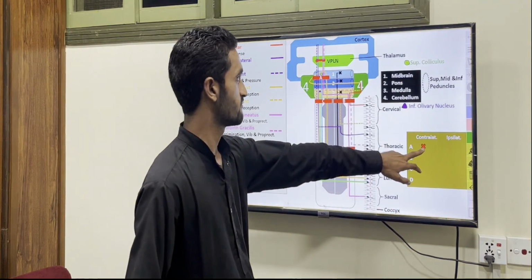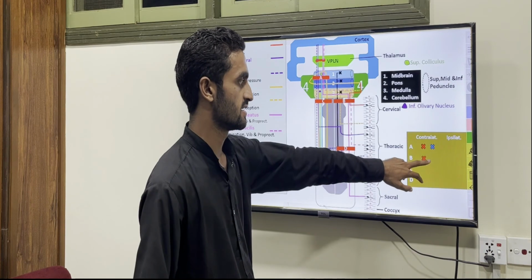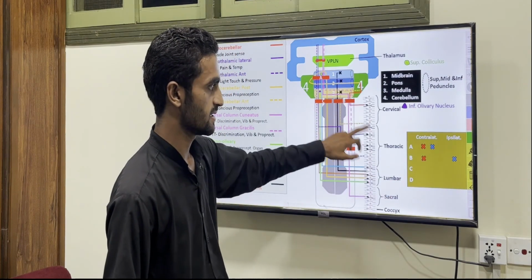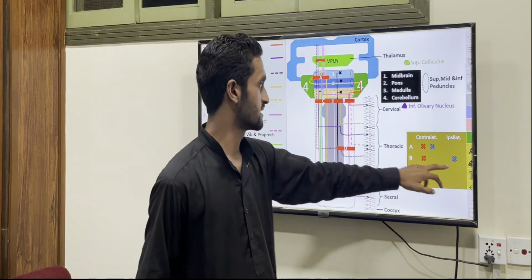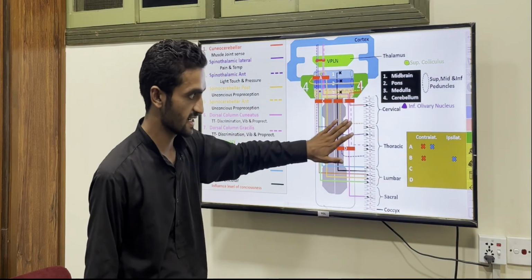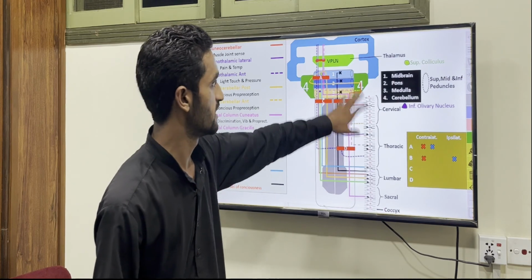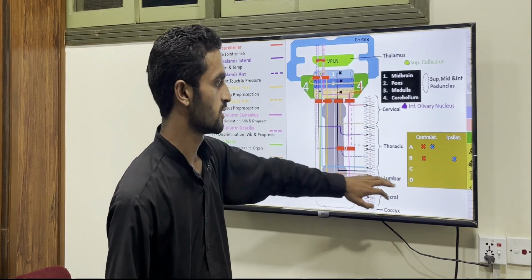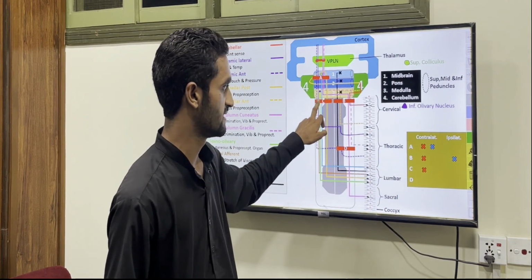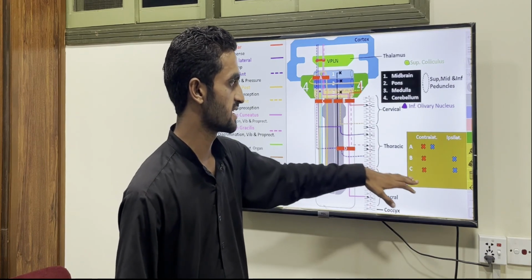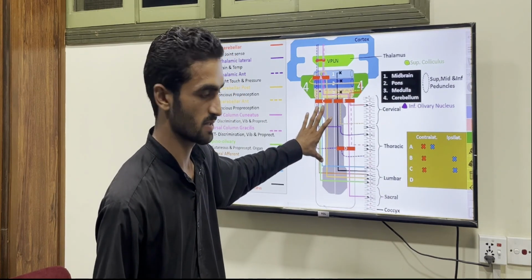At the A level you have found everything contralateral. For the B, something contralateral, something ipsilateral: ipsilateral for that side and contralateral for this side, because the contralateral fibers of this side are moving. And at the C level, something contralateral, something ipsilateral, because the losses are mixed.